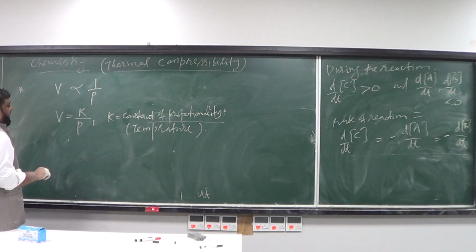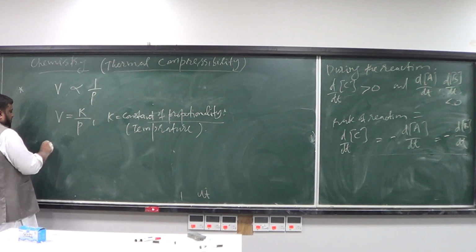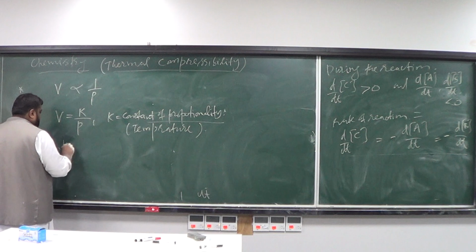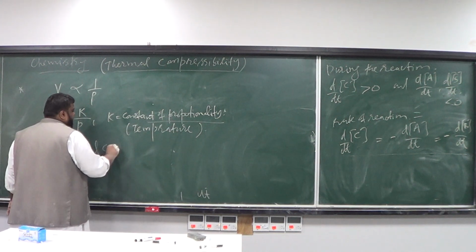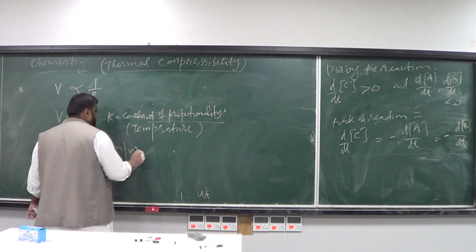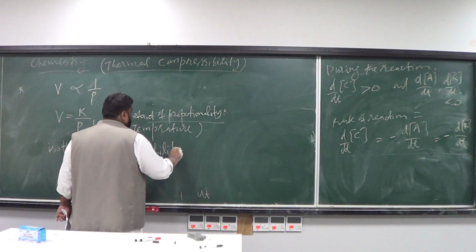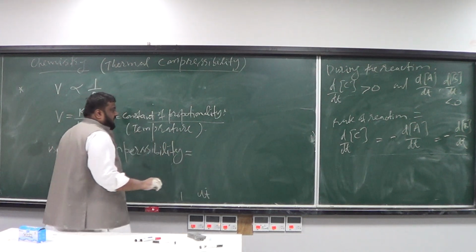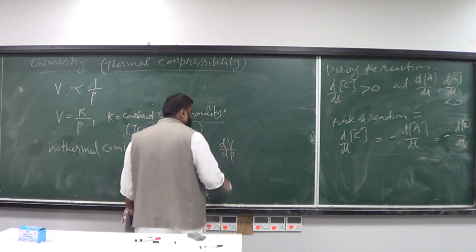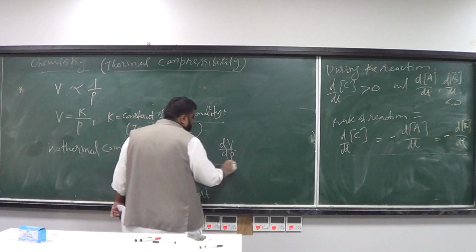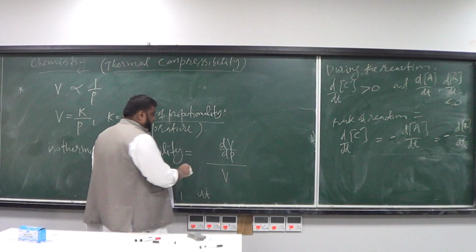Now, what I would like to do is define the isothermal compressibility, which chemists might have encountered. The isothermal compressibility of a substance is defined as the ratio of the change in volume when the pressure is changing, compared with the original volume of the substance, with a negative sign.